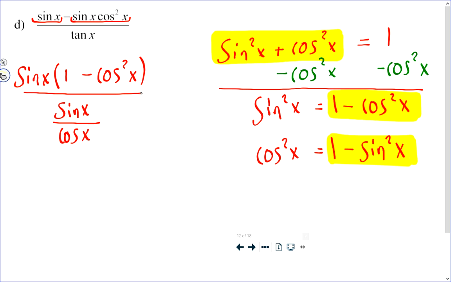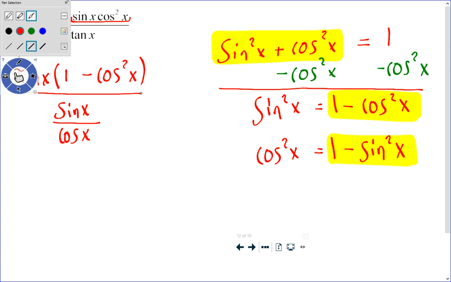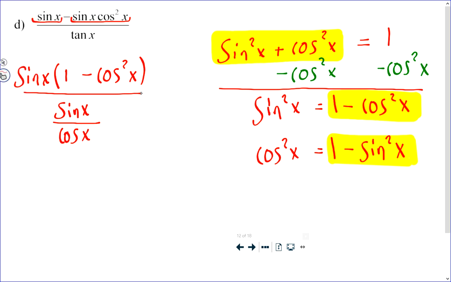When you take a look at where we're at in our work on the left-hand side of the page, we have 1 minus cos squared right here. Well, 1 minus cos squared is sine squared.